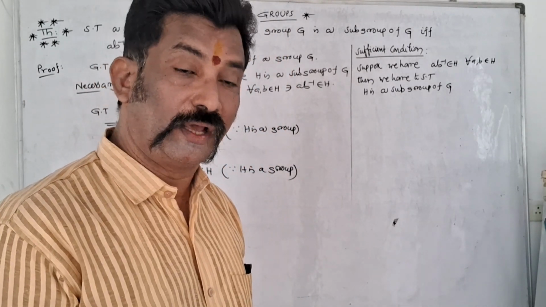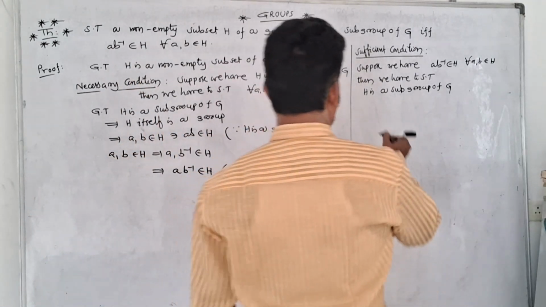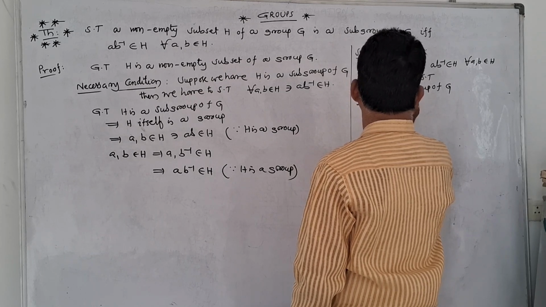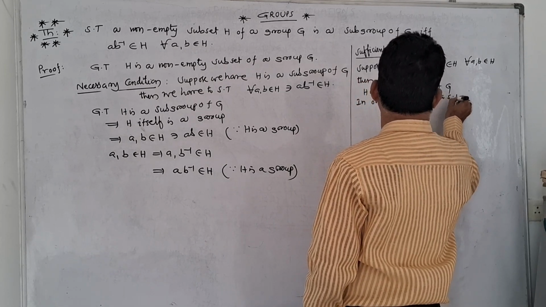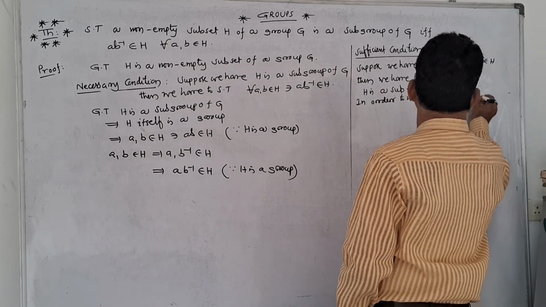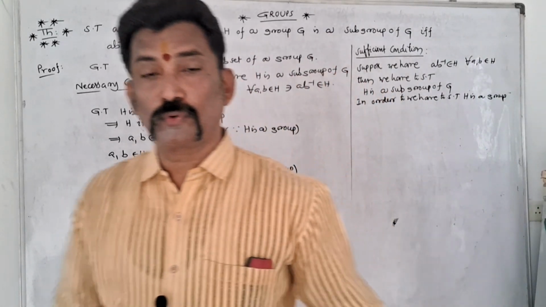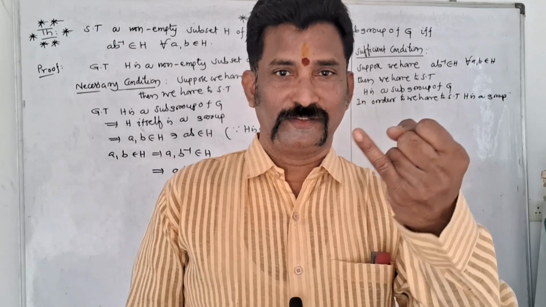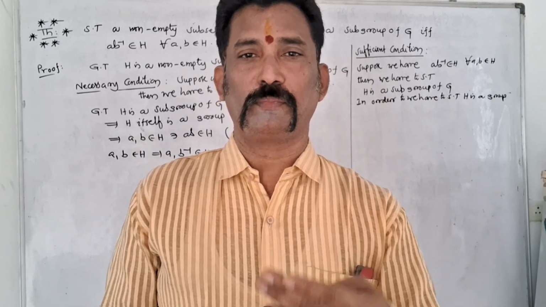Subgroup means, in order to show that, we have to show that H is a group. Group properties are: first, closure property; associative property; identity property; inverse property.